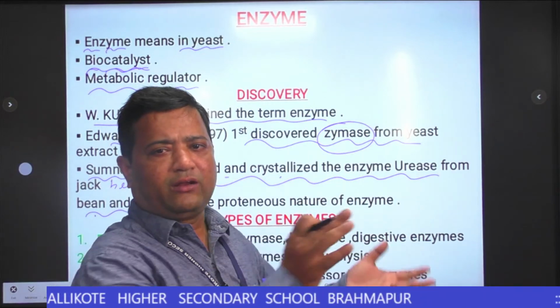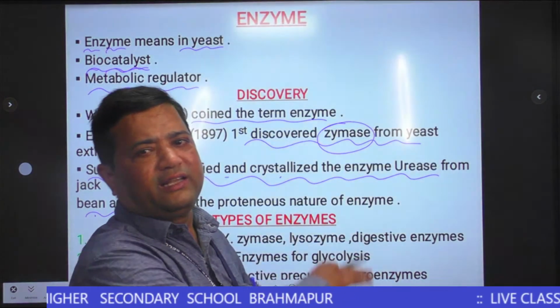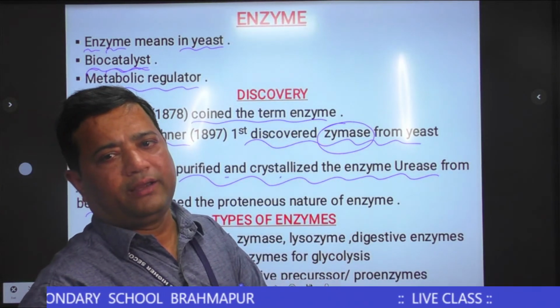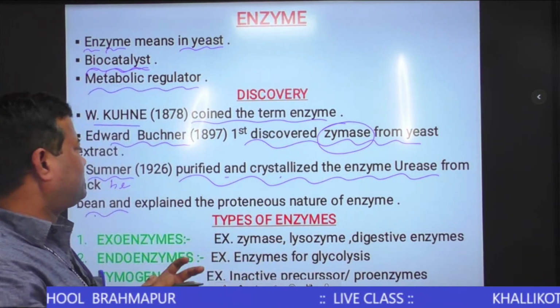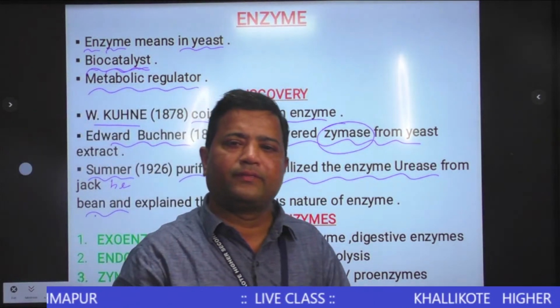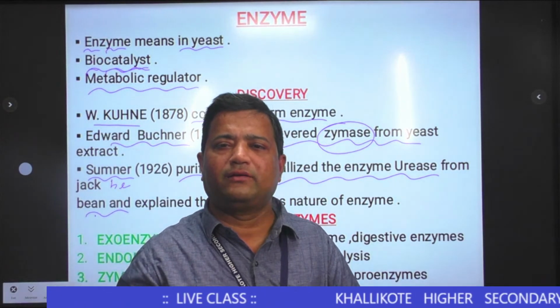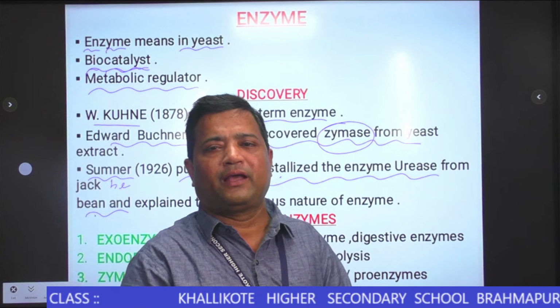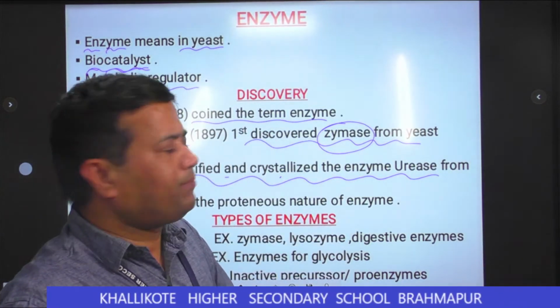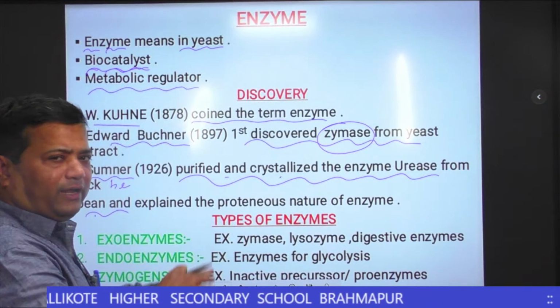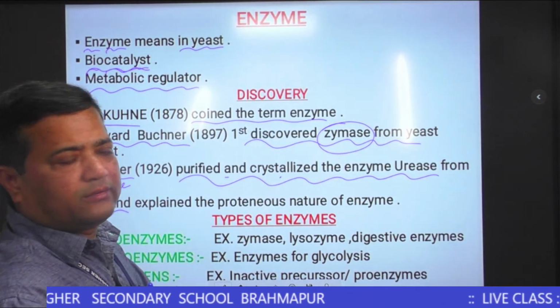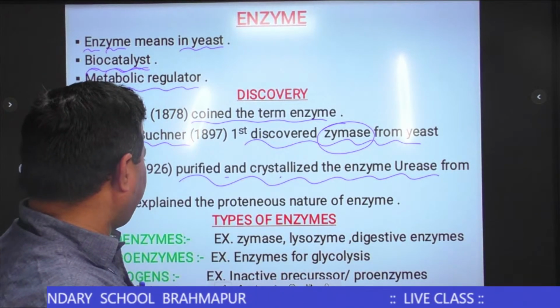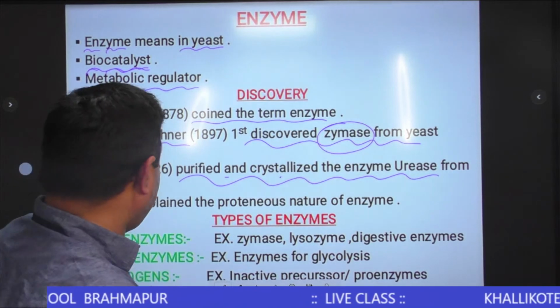Why? Because some enzymes, like ribozyme, are RNA that functions as an enzyme. Some antibodies, like abzyme, function as an enzyme. So, all enzymes are never proteins. Most of the enzymes are protein, but all proteins are not enzymes.